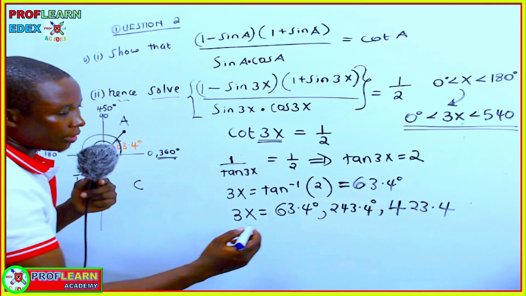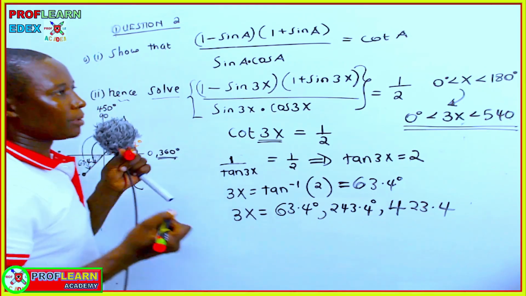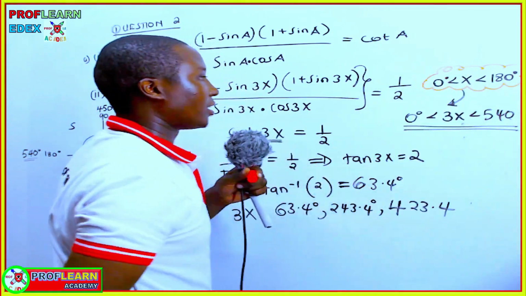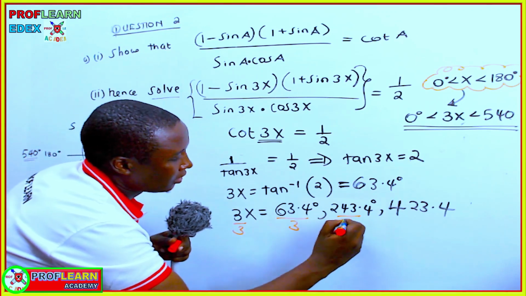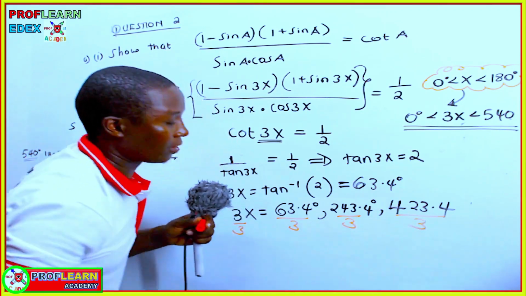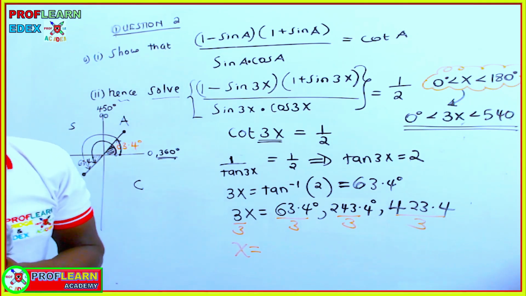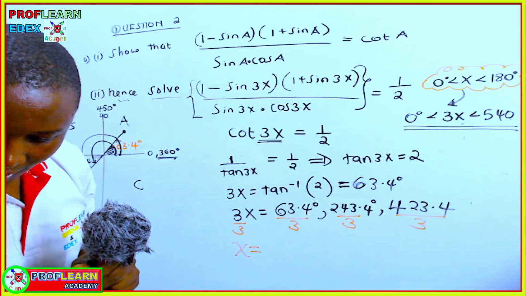So in order to get the value of x, so that we have angles within the range that was given, we divide each by 3. Let's work out the value of x.